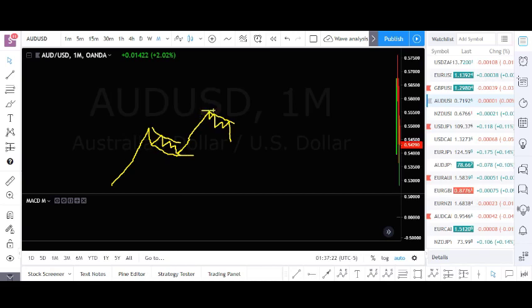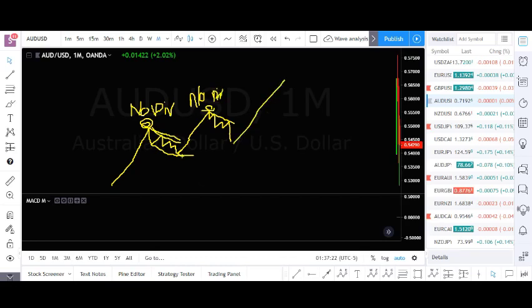We will fib this impulse move, and this is key with this fib trade: on these two impulses over here, there must be no divergence on your MACD. So what that basically means is if there's no divergence, we're expecting another move to the top side.